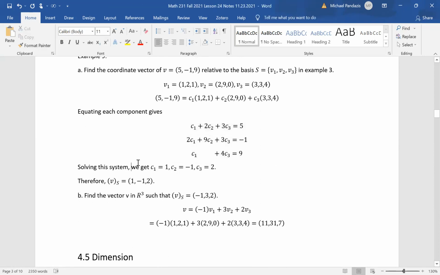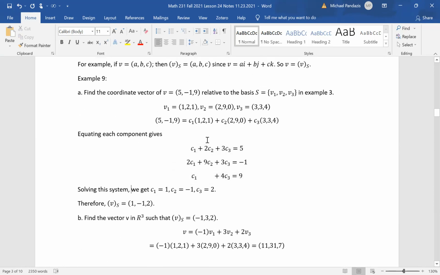You can solve the system using Gauss-Jordan elimination, and you get c1 equals 1, c2 equals -1, and c3 equals 2. Therefore, the coordinates of V relative to this basis S with those three vectors are (1, -1, 2). Those are the coefficients of those vectors written as a linear combination to equal the vector V.